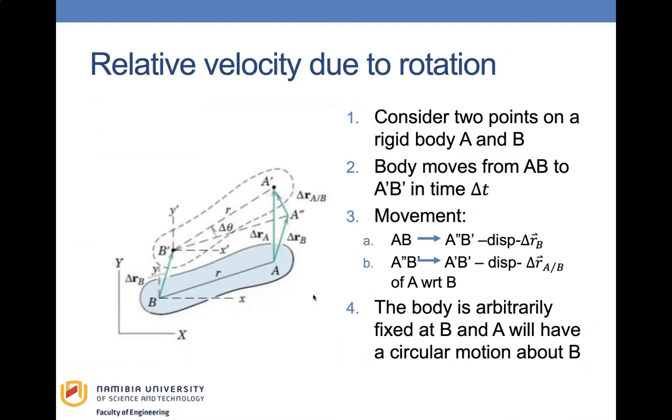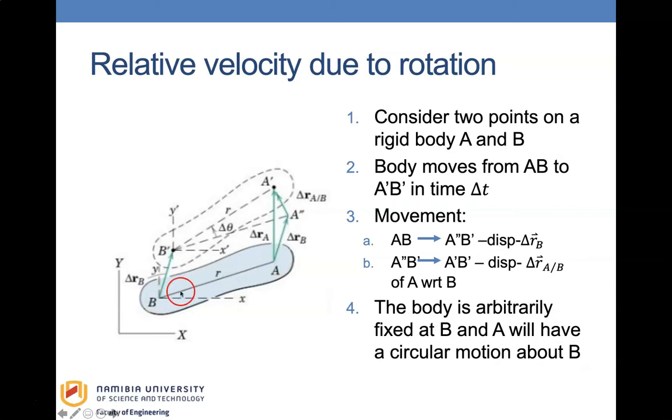So if you consider these two points, A and B, on a rigid body, and because this is one whole body, R is the distance between the two points.